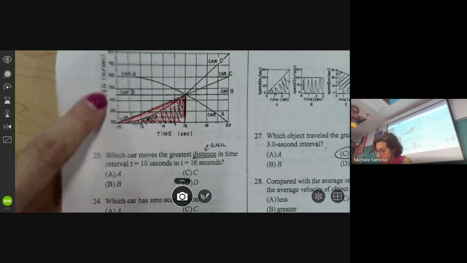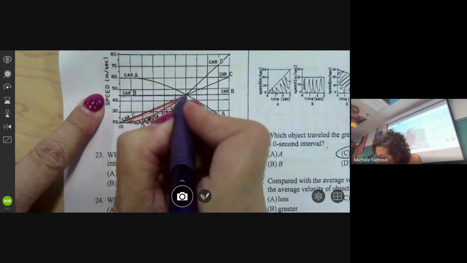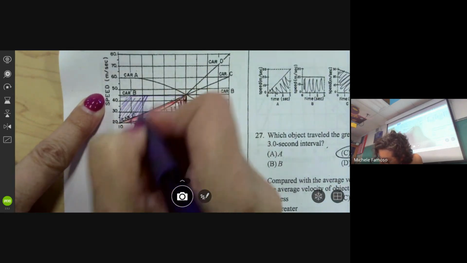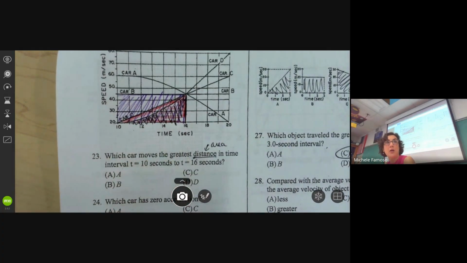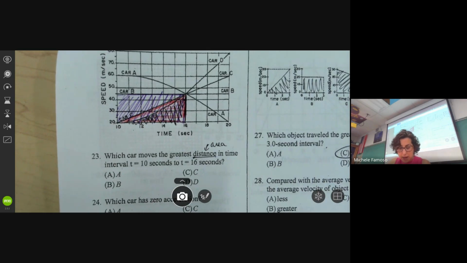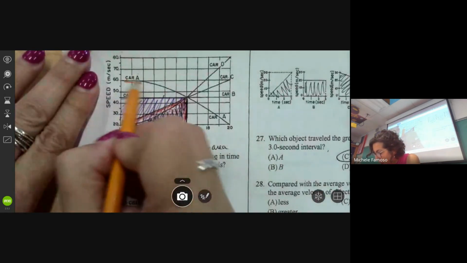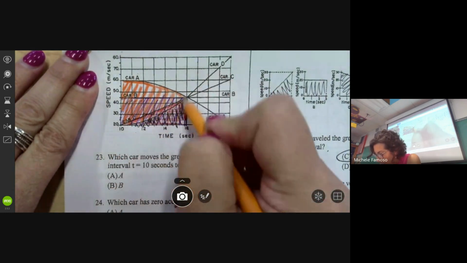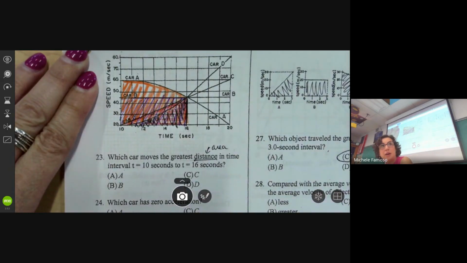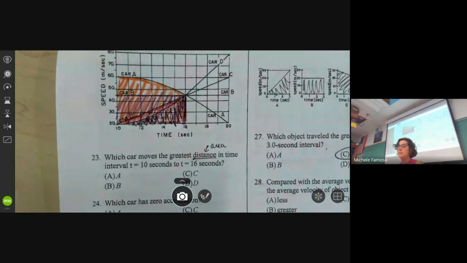Okay, if I do it for car B is here, which means I would shade in all the way down. That's even bigger than those. That gives me a bigger rectangle. And if I do it for car A, here's car A, I would have to shade that in all the way down. You see how car A gives me the biggest area? Therefore, it's the biggest distance.